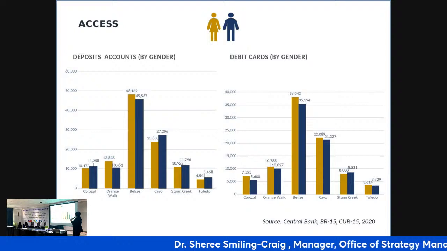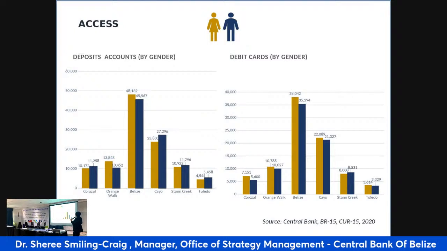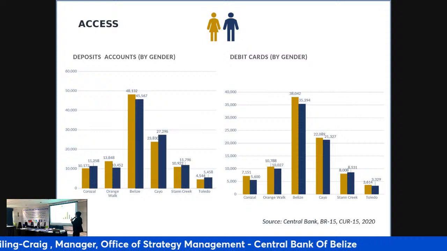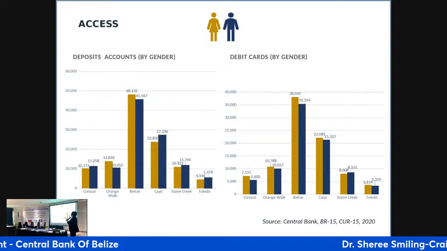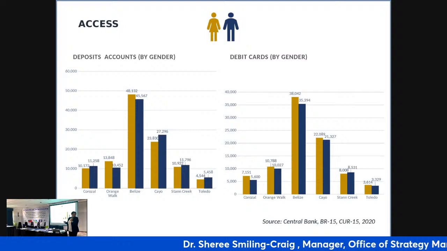Most of the data shows that, except for Sand Creek, where more men use debit cards than women. Interesting, right? So you see the cultural norms coming out by district.